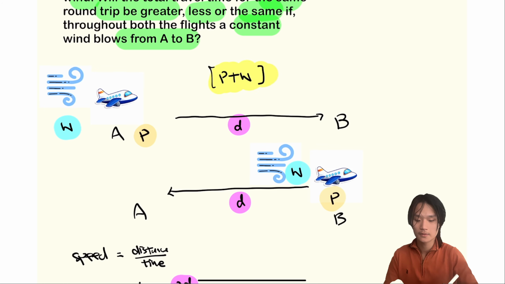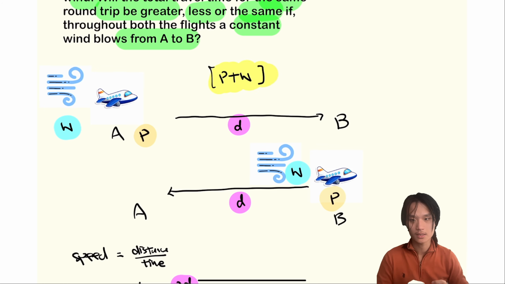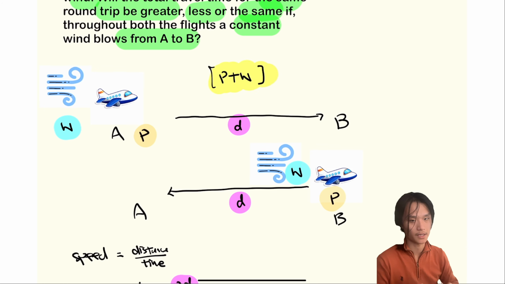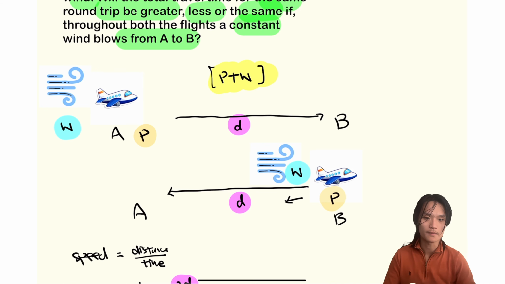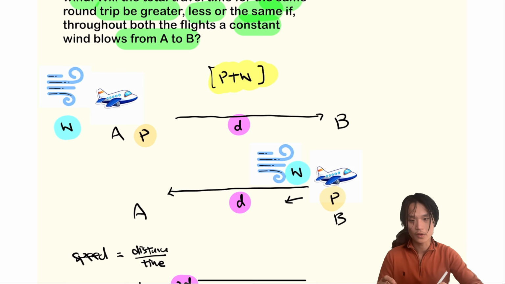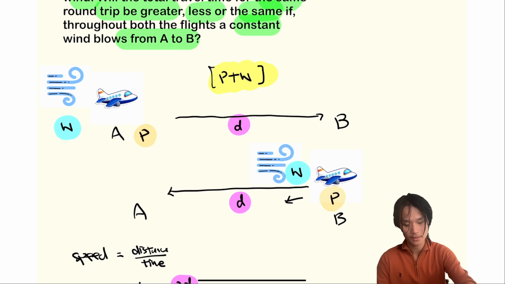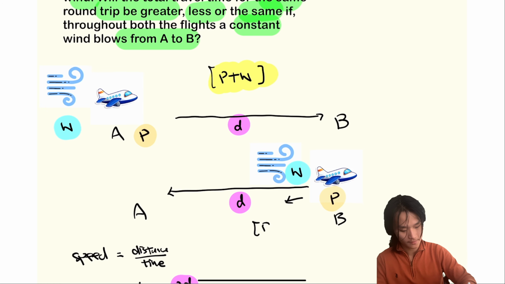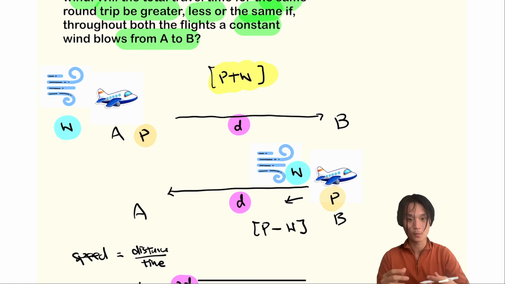P plus W is the speed it travels from A to B because the wind is helping the plane. And when the plane comes back from B to A, the wind is going against the plane. So naturally, the speed now becomes P minus W because the wind is resisting the plane.